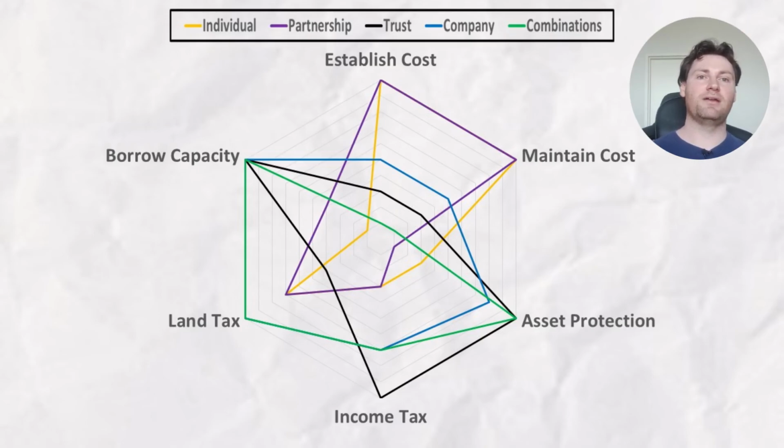So you can set up a company, purchase an asset, set up a separate company, purchase a separate asset, and continue the process. From an asset protection perspective, trusts by far are the best outcome for it. And if you use the combination with the trust structure in it, this provides that same level of maximum asset protection. If anything was to go wrong, you won't lose the assets. You would lose anything that's in your personal name only.